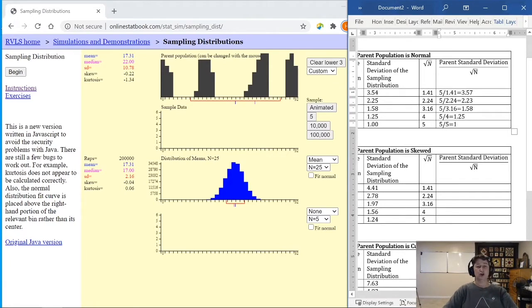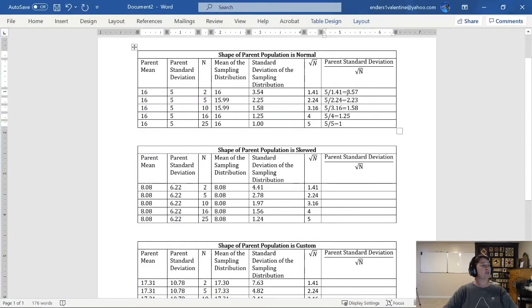Now, I want you to notice something. When I take the parent standard deviation and divide it by the square root of my sample size, notice this 3.57, this 2.23, this 1.58, 1.25, and this 1 show up really close in this other column.